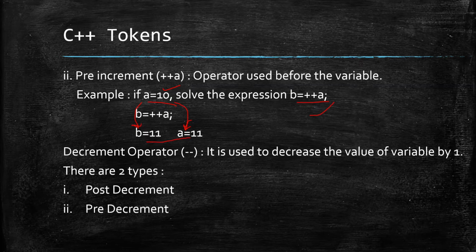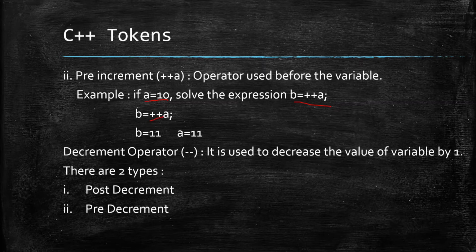So now coming to the actual procedure. So how do you do the actual pre-increment is, whenever you are given a value like this, a is equal to 10, b is equal to plus plus a. So as I said, first execution part should be done at the right hand side and then it should be assigned to the left hand side always. So here, if I have to assign the value from RHS to LHS, what I'm having here is plus plus a.